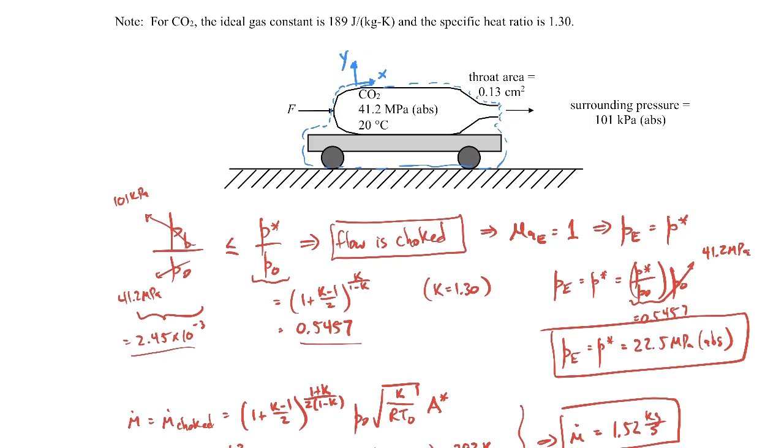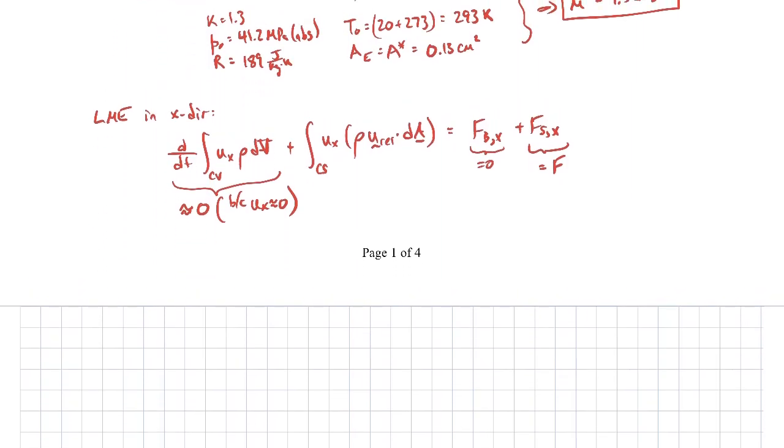So it's all atmospheric pressure everywhere except right at the exit. At the exit, the pressure is that pressure right there. It's the sonic pressure. So our surface forces will be the applied force plus we have our exit pressure minus the surrounding atmospheric pressure times the area of the exit.